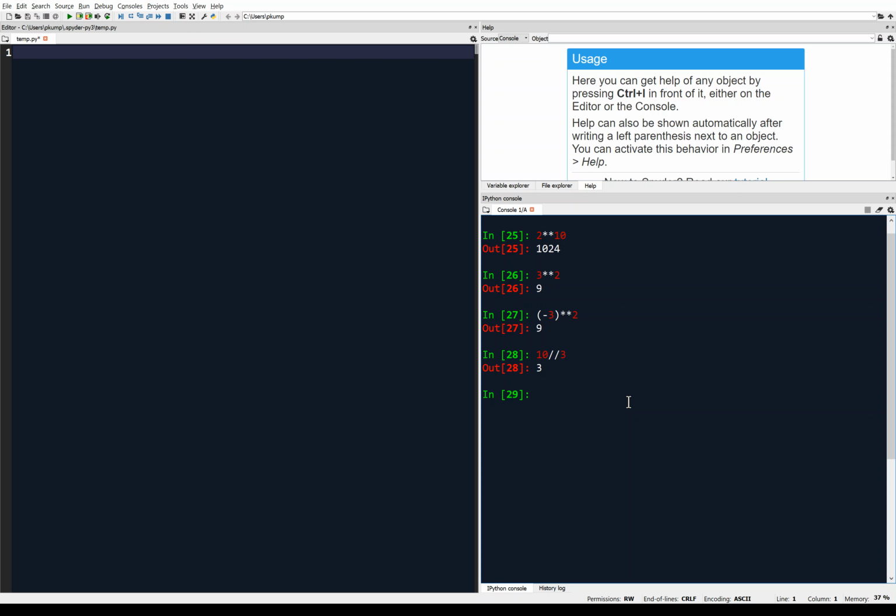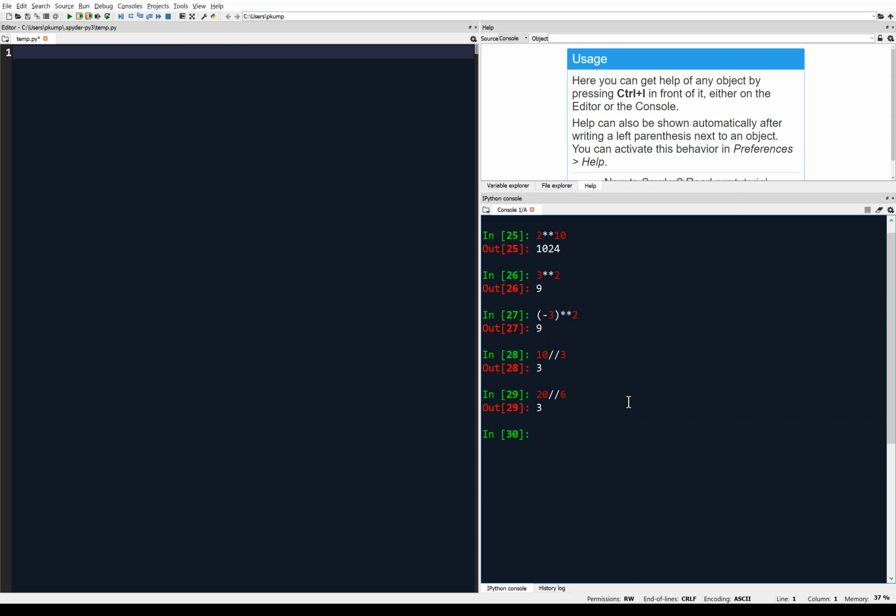Like if you did 20 divided by 6, integer division, it gives you 3, because again 20 divided by 6 is 3 remainder 2, right? So it just gives you the integer part of the quotient. Now you might ask, well, is there a way of just getting the remainder?